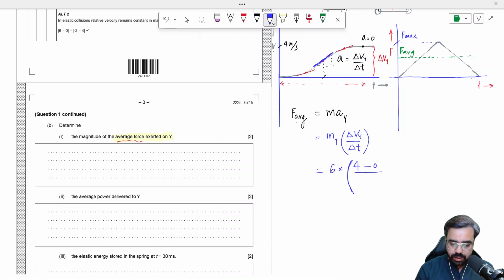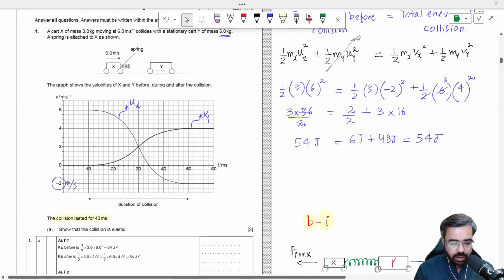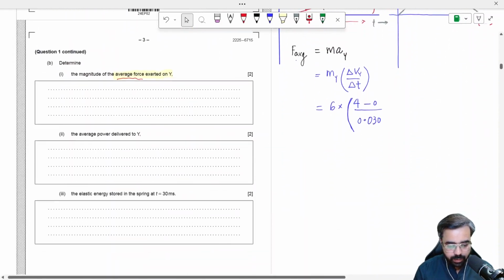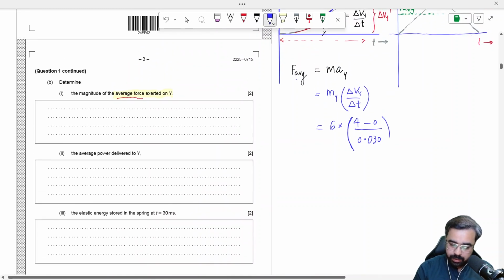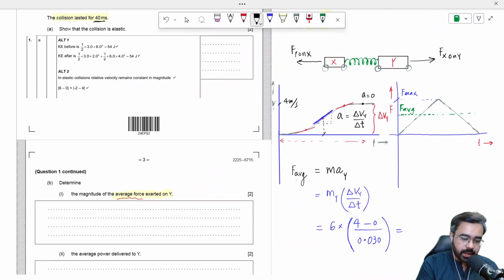The time of collision is 0.030, because that was 30 milliseconds, I guess. Yes, so you have to multiply it, and that will be the average force. I'm sorry, it is mistaken. This is 40 milliseconds, so here you should write 0.040.